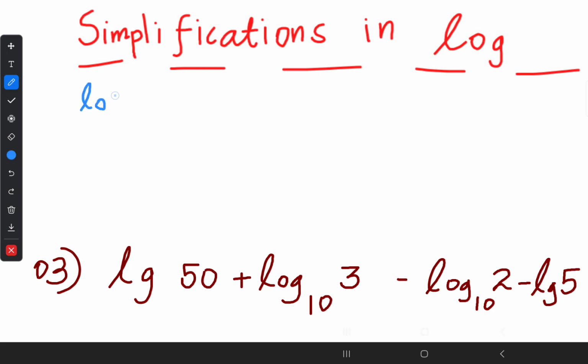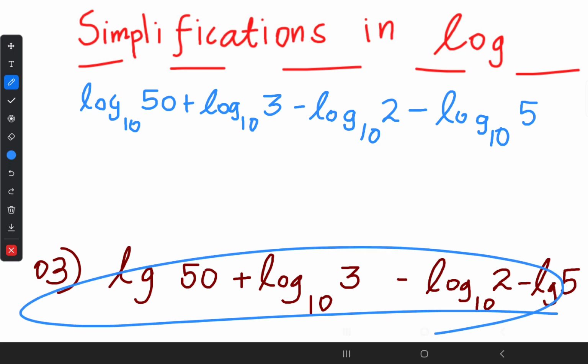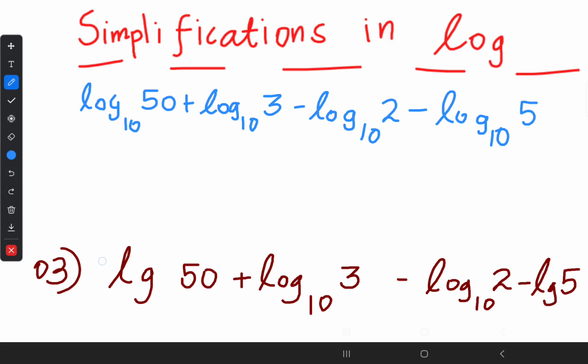Log base 10 of 50 plus log base 10 of 3 minus log base 10 of 2 minus LG 5, that means log base 10 of 5. You should write like this before doing the final calculation. When you denote it like this, it's beneficial.